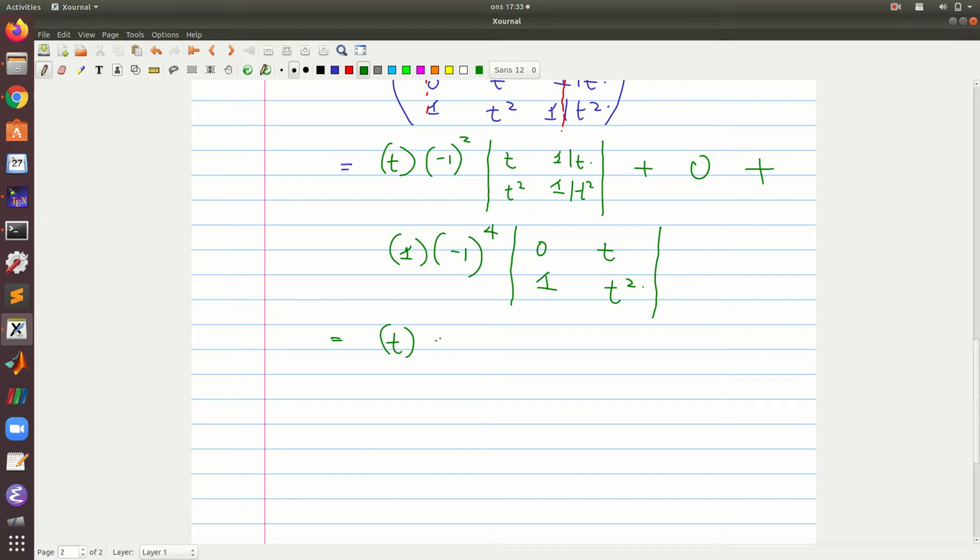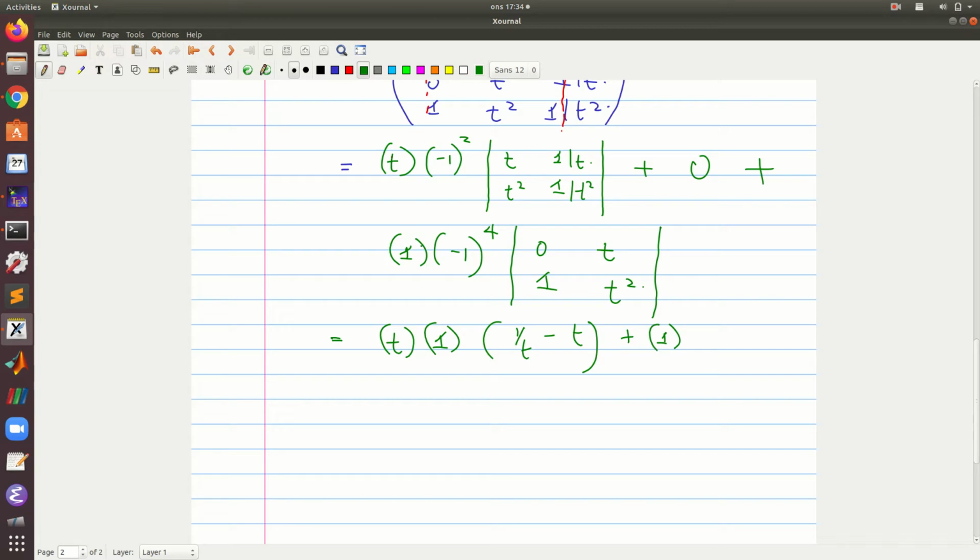We have t, that is positive 1, and then we have t times 1 over t squared is going to be 1 over t, minus, yes, minus 1 over t minus t. Okay, this is t over t squared is 1 over t, and then t squared over t is t, and then plus this is also 1.